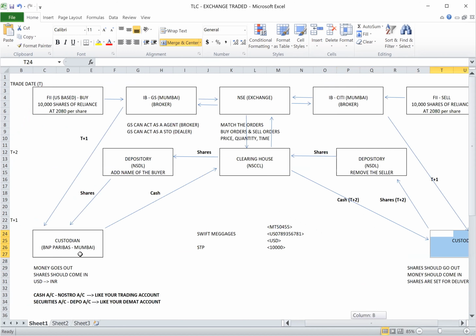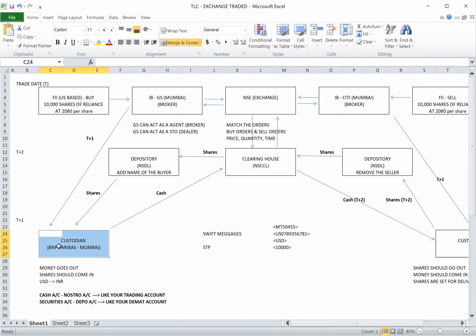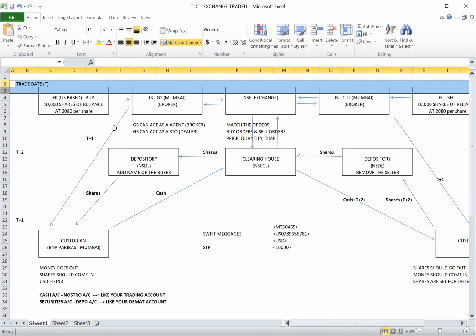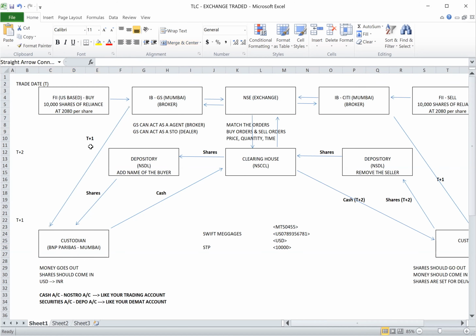And this custodian will make sure that on T+1, the INR is ready to be paid. This passing of information and the custodian getting ready happens on T+1. Are we clear with what happens on T and what happens on T+1, guys? You can see from the arrows also. I hope it's clear.